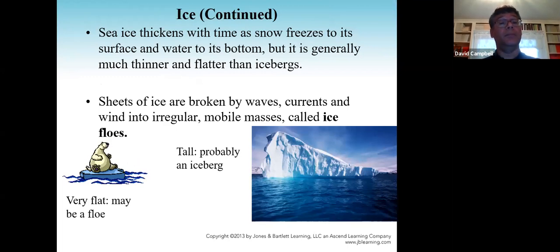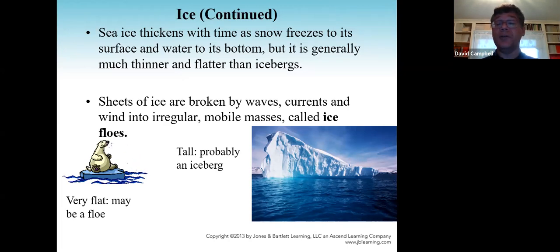Over time, sea ice can get thicker, stays cold, snow may land on the top. More stuff can freeze on underneath, but still it tends to be relatively flat and thin compared to an iceberg. Ice sheets can be broken up. After all, they're on moving water, so currents and waves and wind break it up.